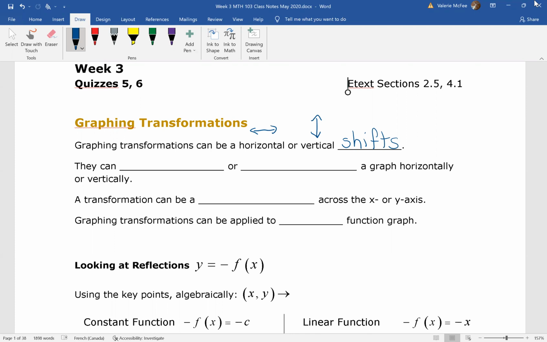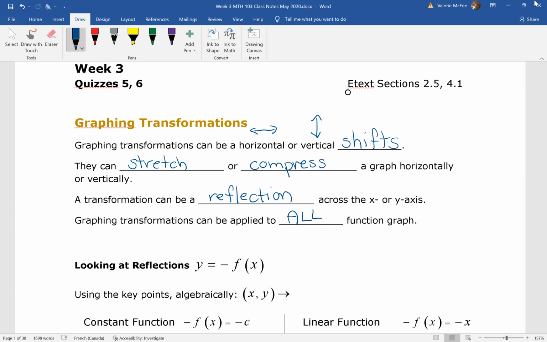We can stretch or compress a graph horizontally or vertically. A transformation might also be a reflection. We can reflect a graph across the x-axis or the y-axis or both. And these transformations can be applied to all function graphs.